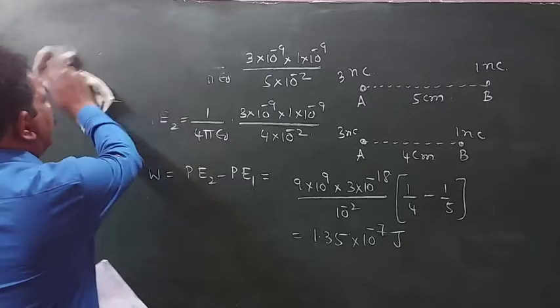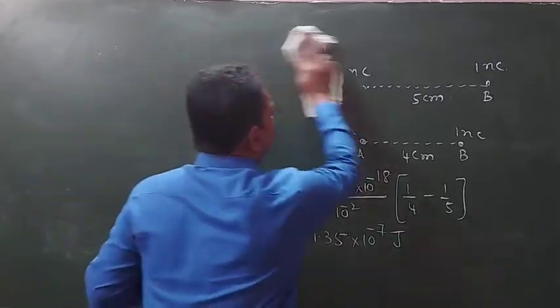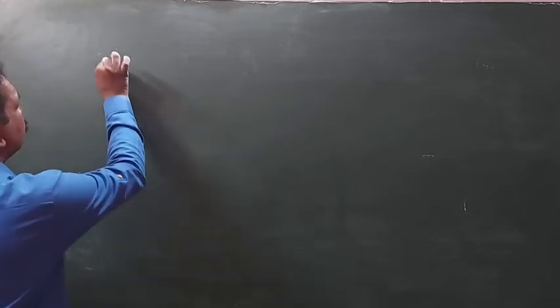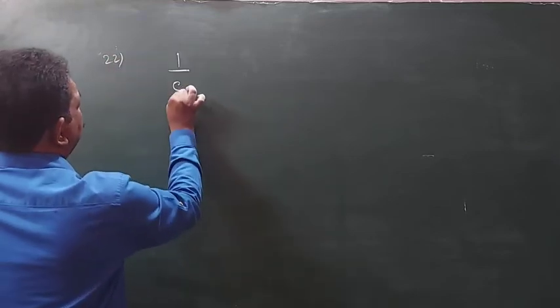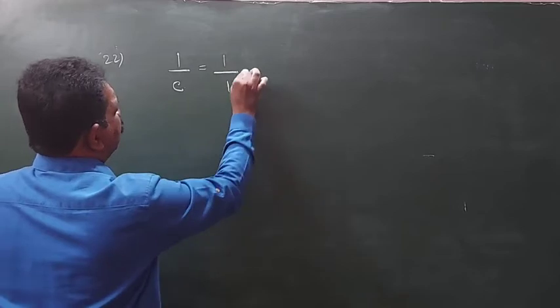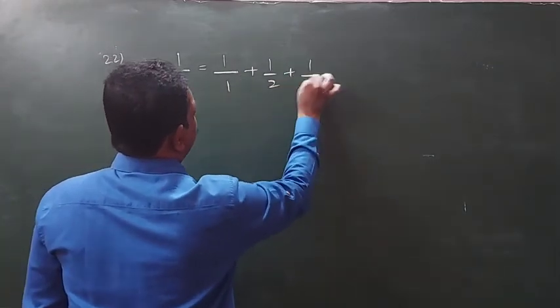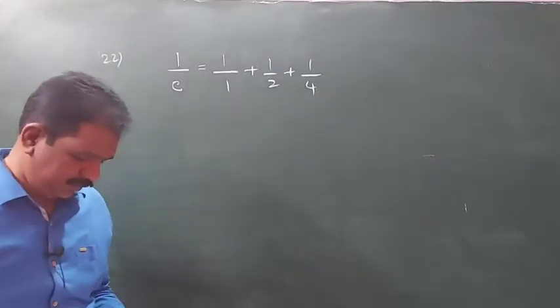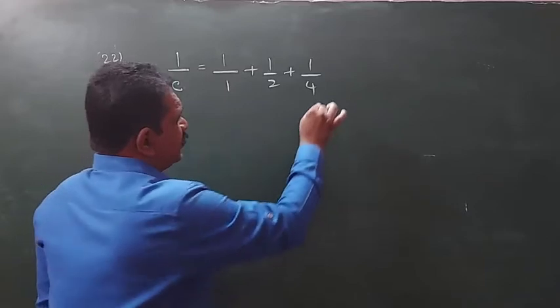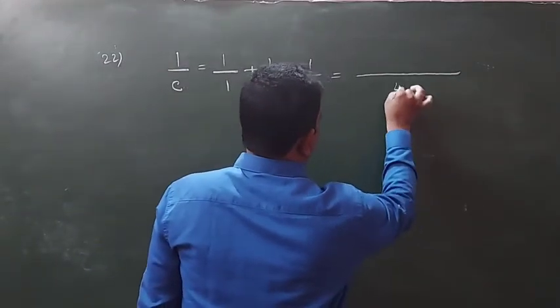So what we will get here, 1 by C is equal to 1 by 1 plus 1 by 2 plus 1 by 4. All are in series. LCM will be 4.